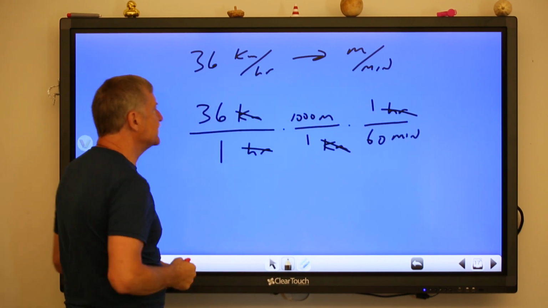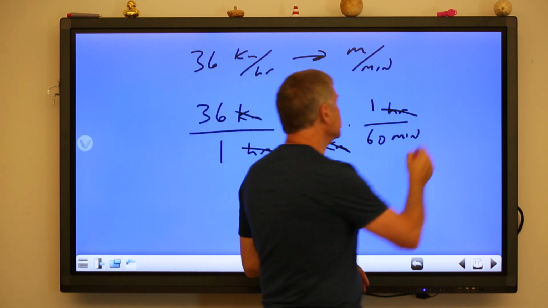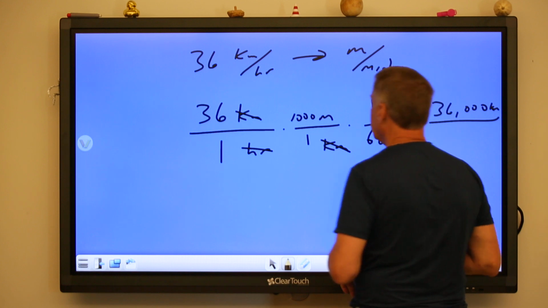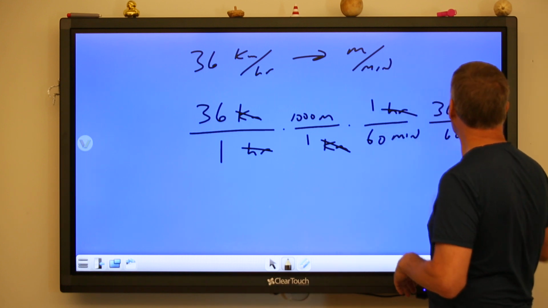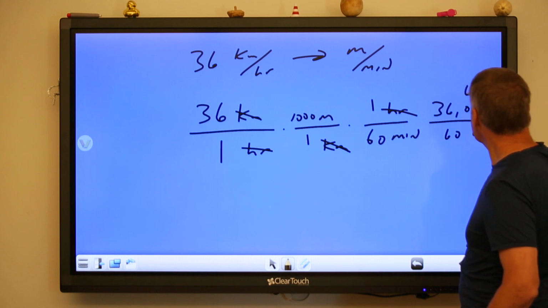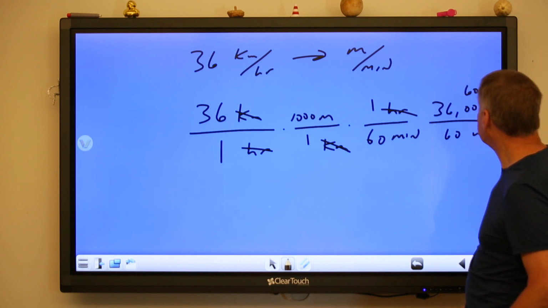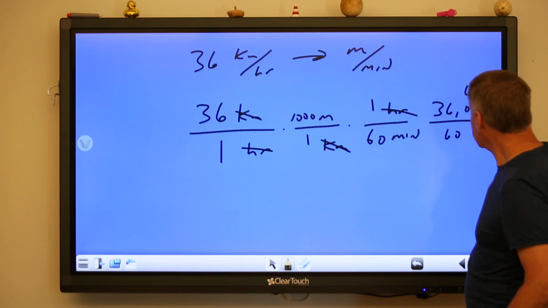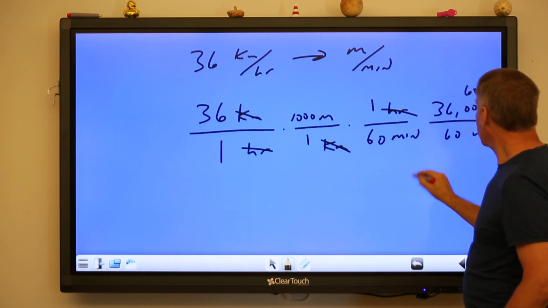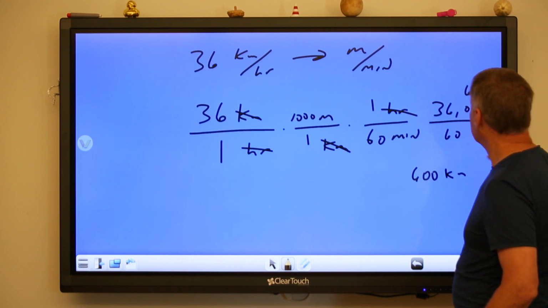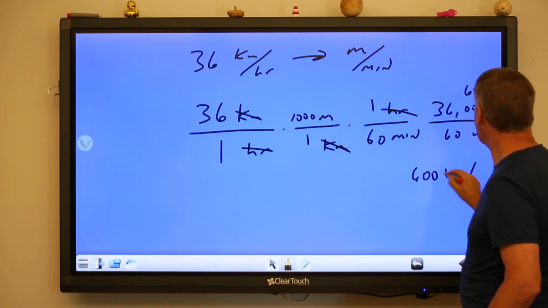And now it's top times the top, 36 times 1,000, 36,000 meters in 60 minutes. Well, that's nice because that happens to go 600 times, right? 60 into 360 goes 6 times with 2 other zeros. So I've got 600 kilometers, no, 600 meters.